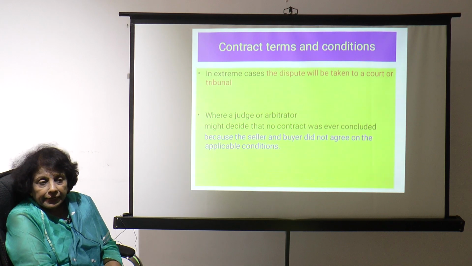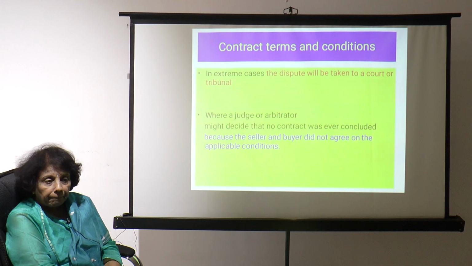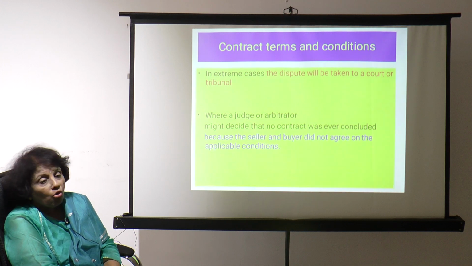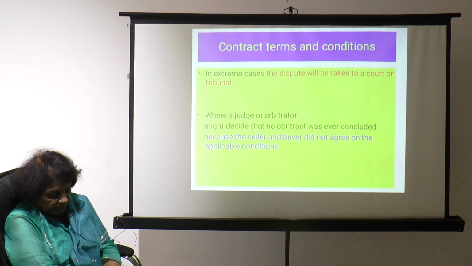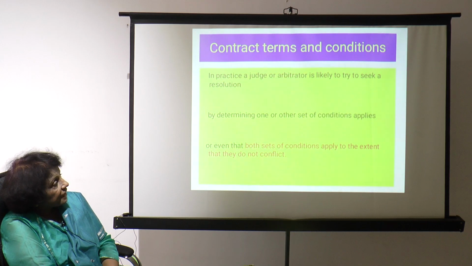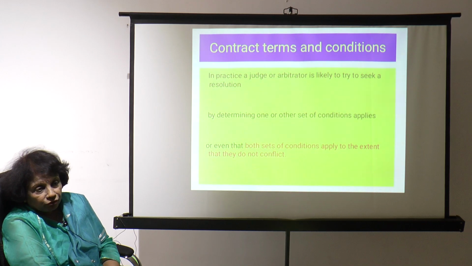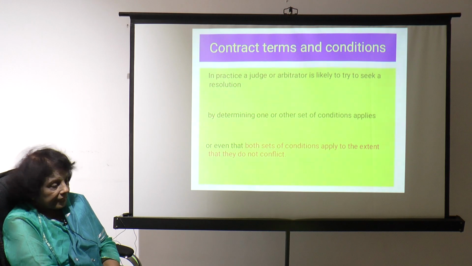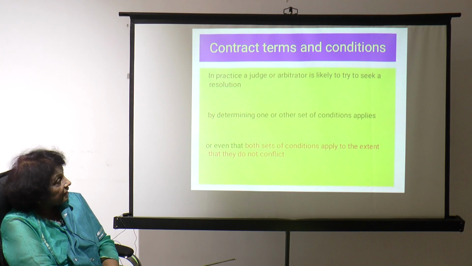So, there was no contract. Or the judge or arbitrator may try to seek a resolution by determining one or other set of conditions, or both sets of conditions, wherever there is a conflict.